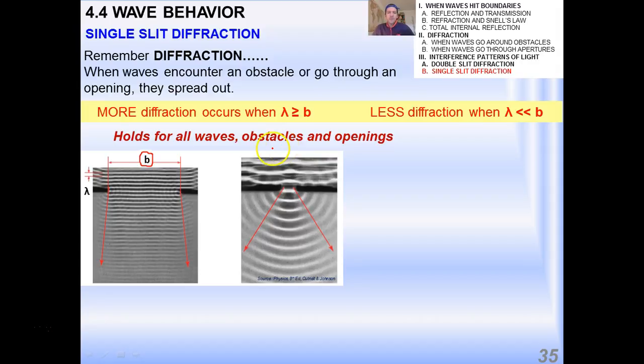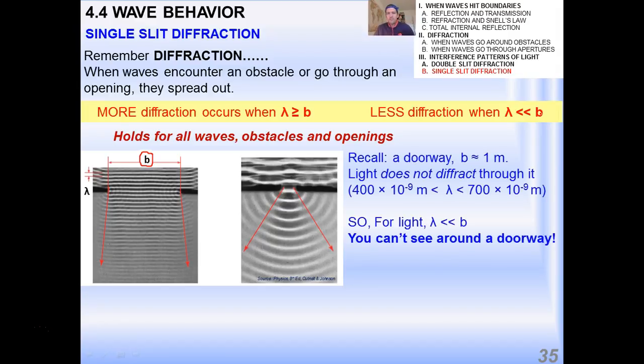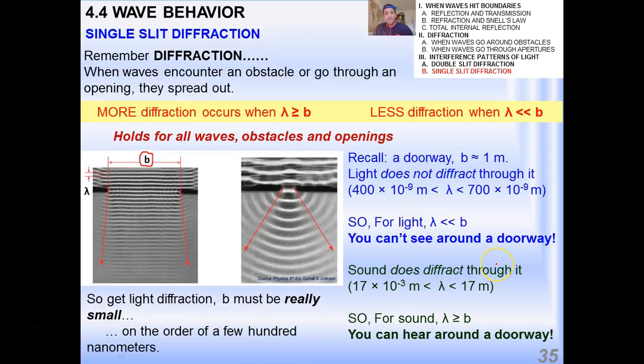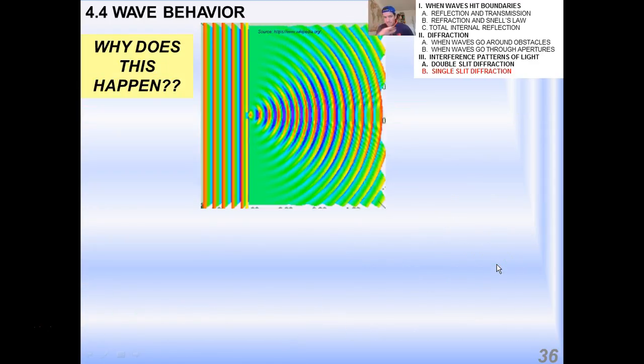More diffraction occurs when the wavelength is on the order of b, and less diffraction occurs when the wavelength is much, much less than b. Or in other words, when the opening is much, much, much greater than the wavelength, there's less diffraction, as you know. And we talked about how light does not diffract through a doorway, but sound does because the wavelengths are different, okay? All right? We talked about all of that.